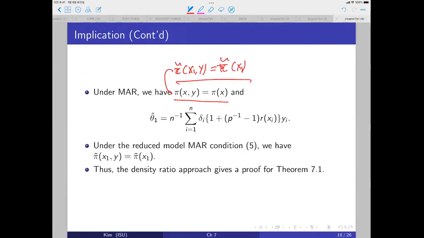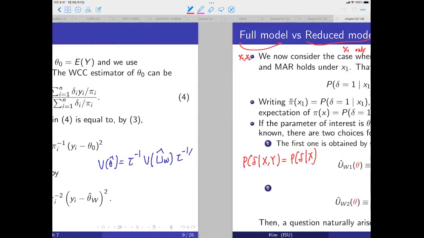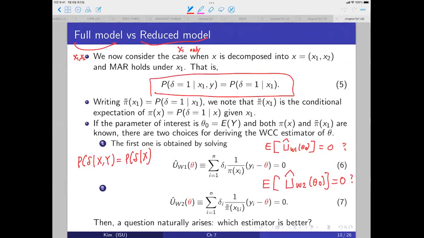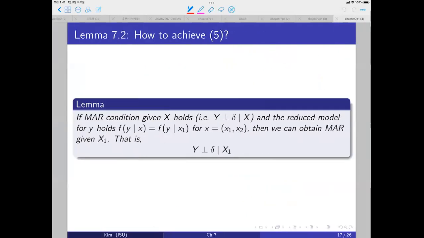So now the remaining question is how to achieve 5. So what is 5? 5 is this one. So how to achieve this reduced model, reduced missing at random? It turns out that we first have the original missing at random. So this is original, right? We have the original missing at random plus the outcome model is a reduced model.